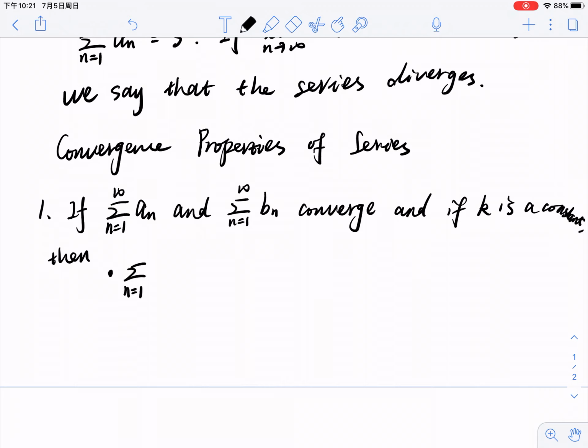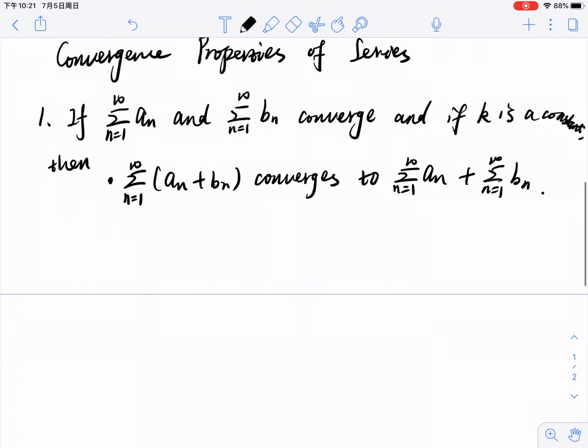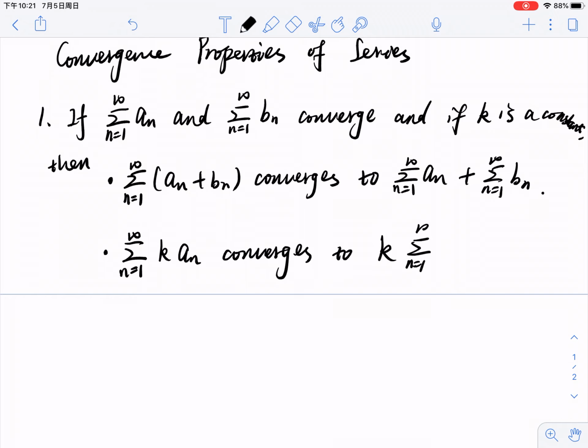So sigma n from 1 to infinity a_n plus b_n converges to the sum of these two series. And its constant multiple is also convergent, converging to k times the series.